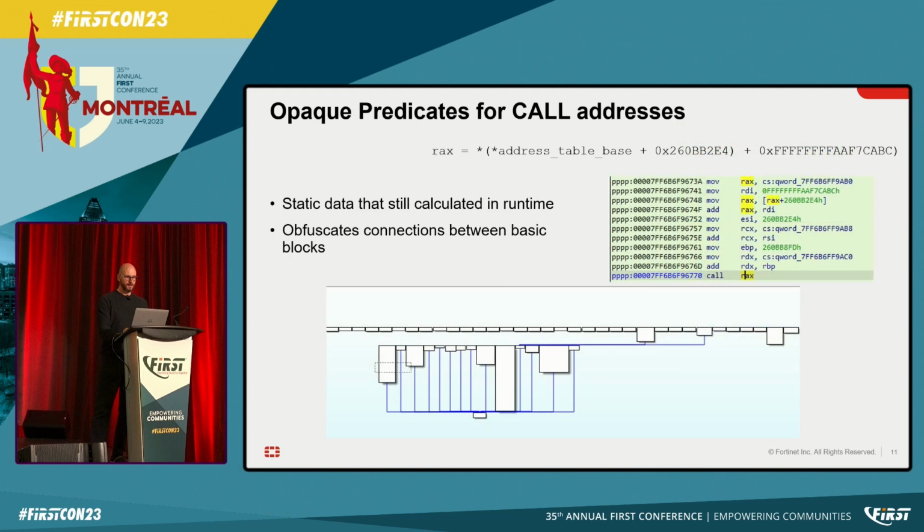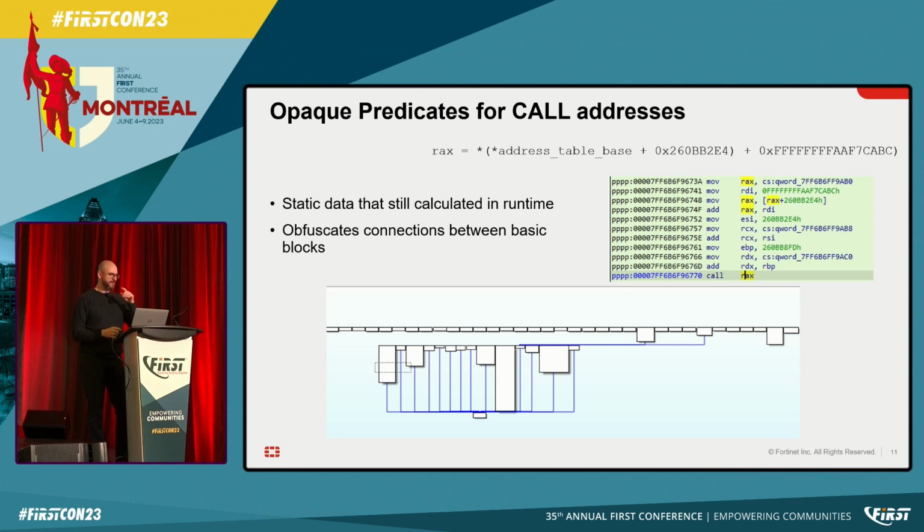So, opaque predicates in call and jump addresses. If you're not familiar with the idea of opaque predicates, it's basically obfuscating something static just by adding some calculations to it. So for instance, if you look at the assembly code, it adds in a call RAX, and the address that's going to be called is calculated in the instructions above the call.